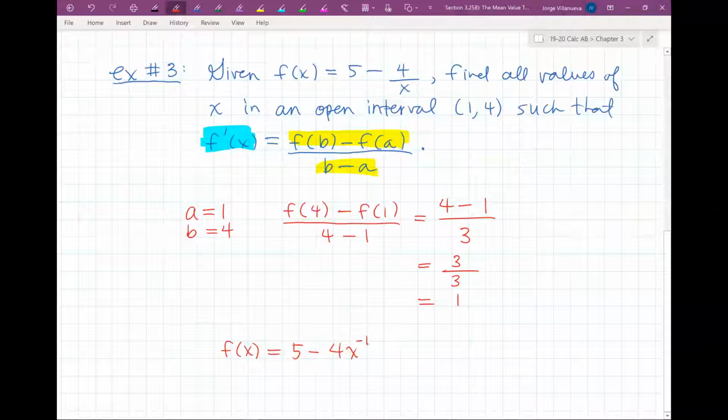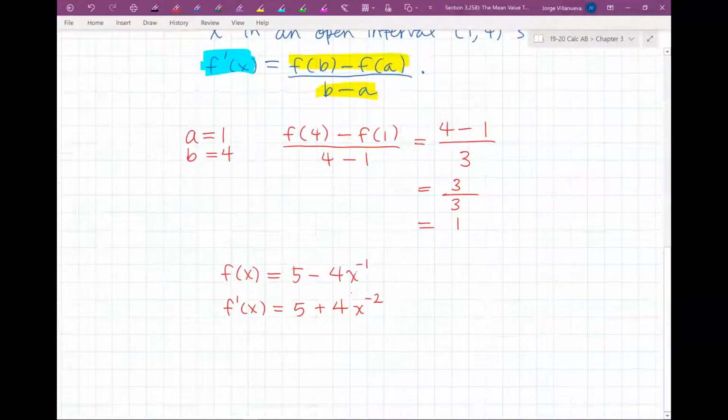It's just going to be easier to take a derivative that way. I don't want to use the quotient rule. So my derivative, f prime of x, is equal to 5 plus 4x to the negative 2, because the derivative of x to the negative 1 would be negative x to the negative 2, so it's going to make it a positive.